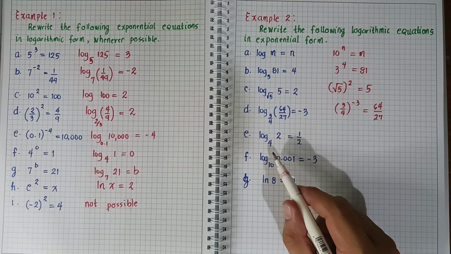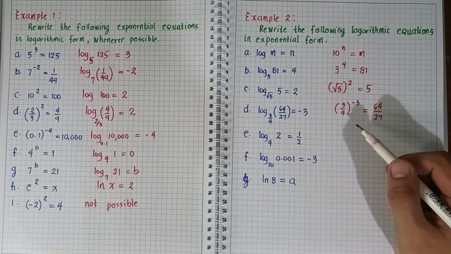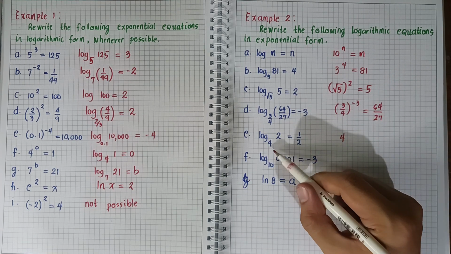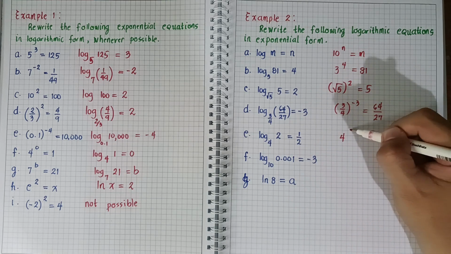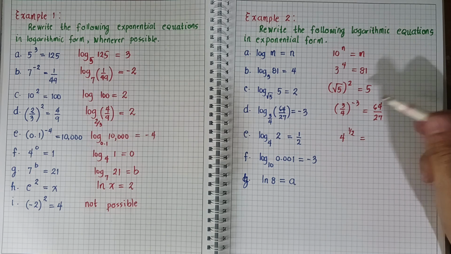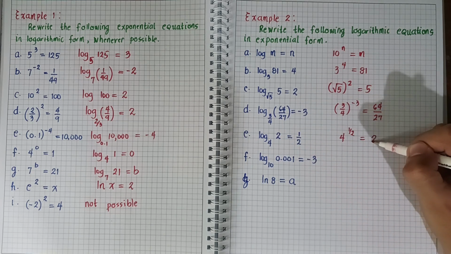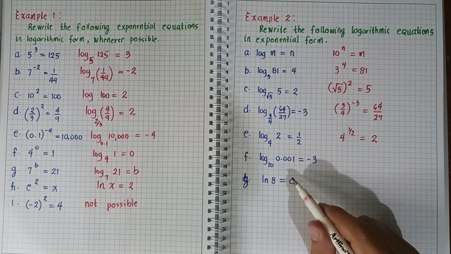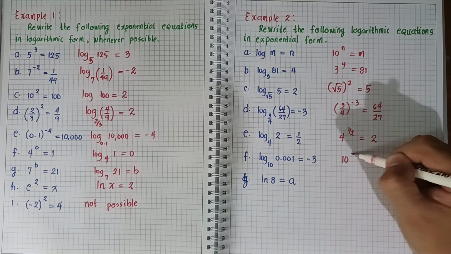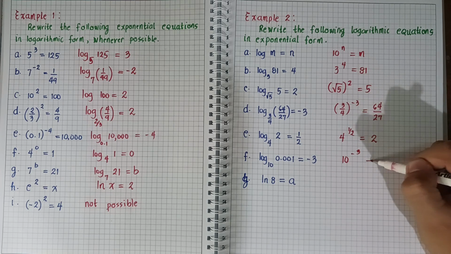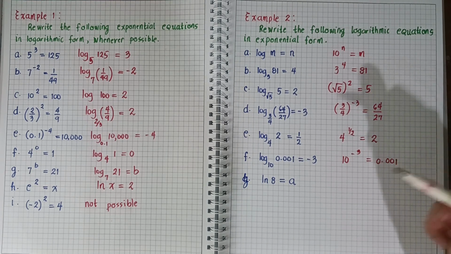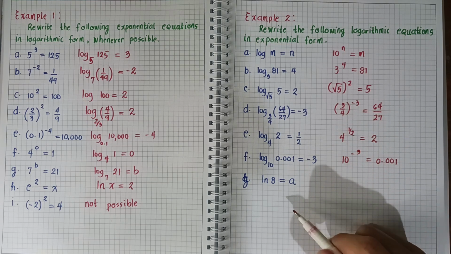Next, letter E. Okay, so this becomes 4. Your base is 4. And then, raised to 1/2 equals 2, right? Next, letter F. Okay, 10 raised to negative 3 equals 0.001.